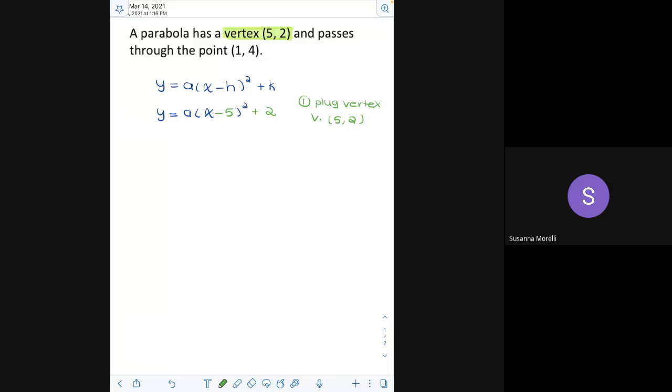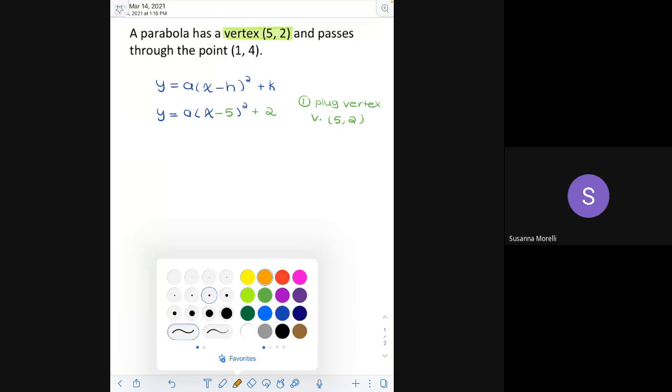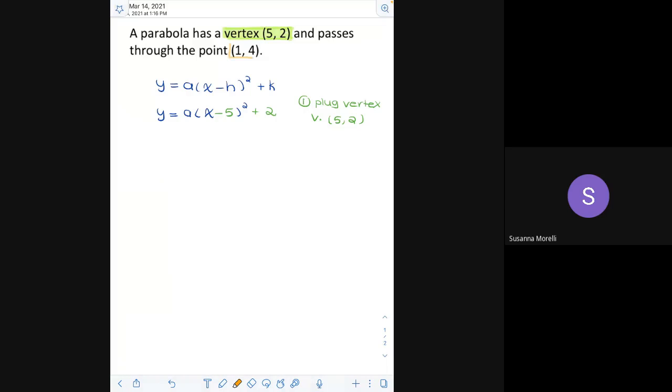The next step is we're going to use the point that they gave us, (1, 4), and plug that in for x and y. So the point (1, 4): where we see x, we plug in 1, and where we see y, we plug in 4.